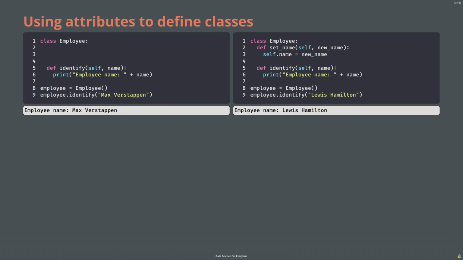This approach makes the object responsible for managing its own data, which is a key idea in object-oriented programming. When we create a new employee and call set_name, the name becomes part of the object's state. That means any method like identify can use it without needing any extra information from outside.